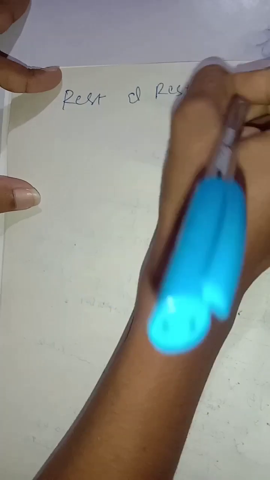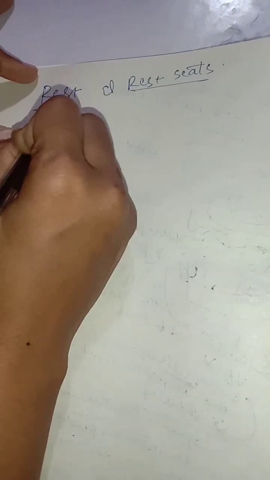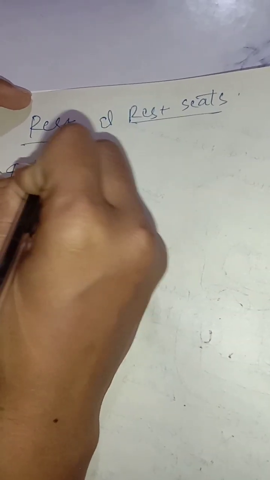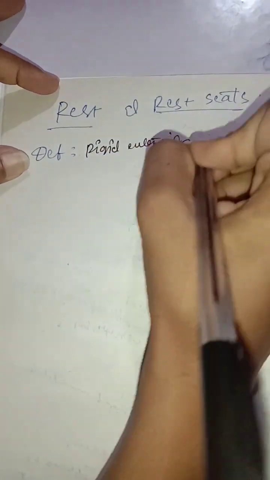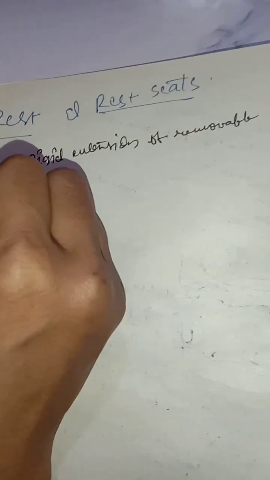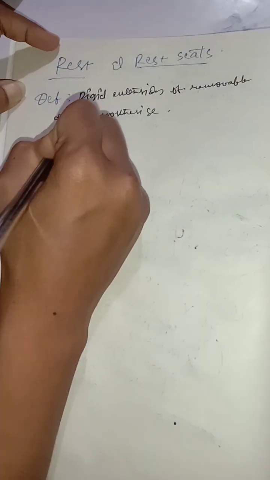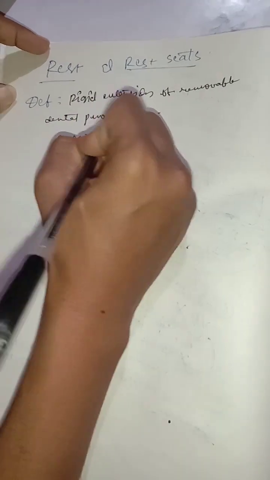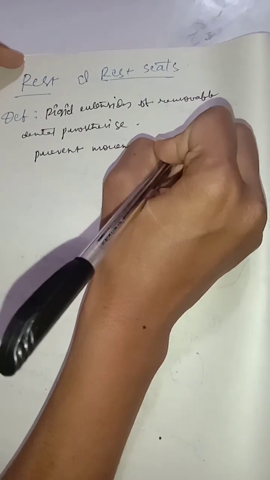So let us discuss one definition for both of them. The definition of rest: it is a rigid extension of a removable dental prosthesis that is used to prevent movement towards the mucosa.